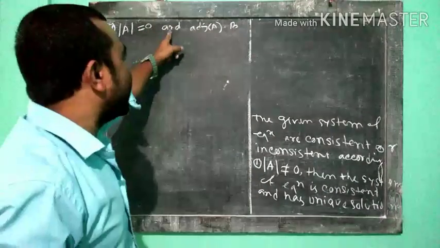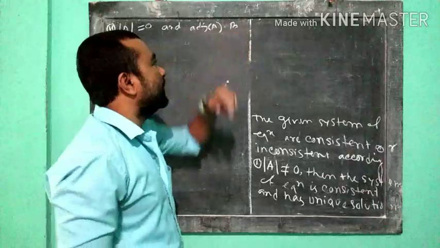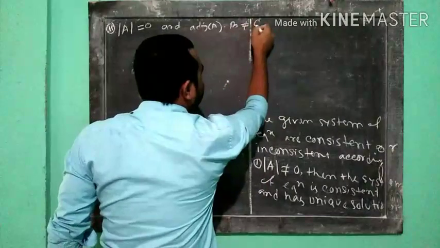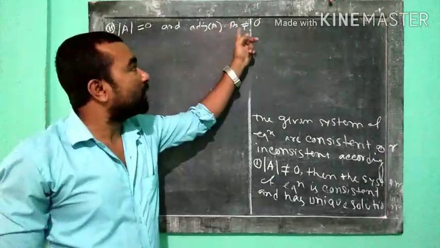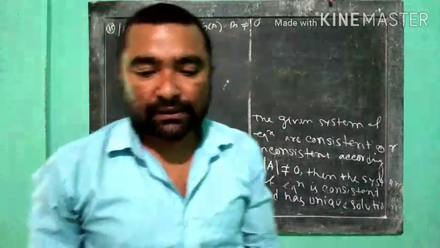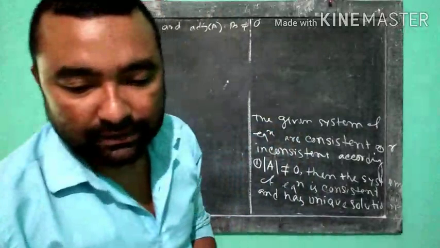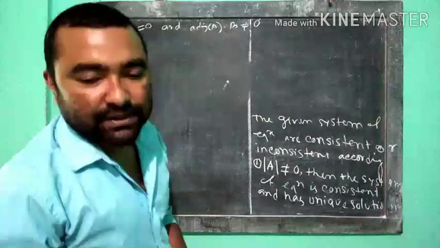Okay, so if determinant of A equal to 0 and adjoint of A into b not equal to 0, that is, the product of adjoint of A and b not equal to 0, then there exists no solution.